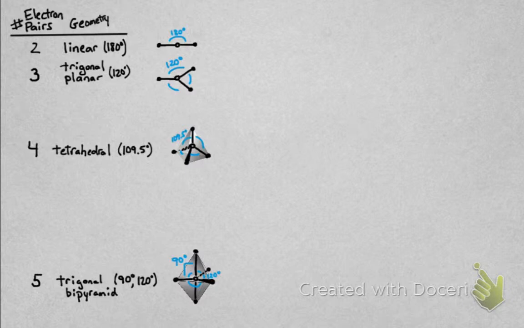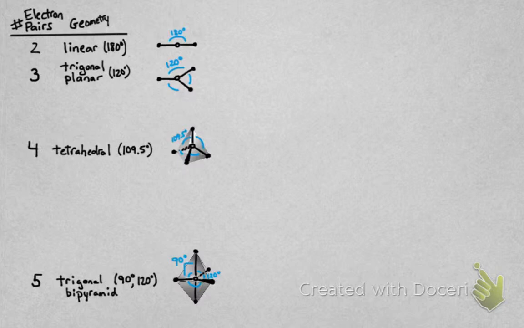So these are the basic geometries. I've left off the example of 6 electron pairs, the octahedral arrangement, just because I didn't have room on the screen. But we will come back to that in just a little while.